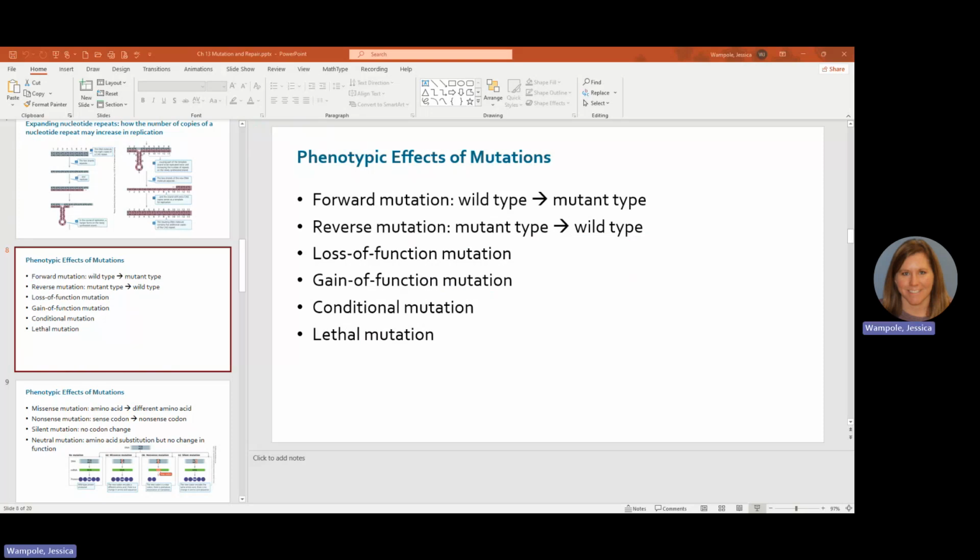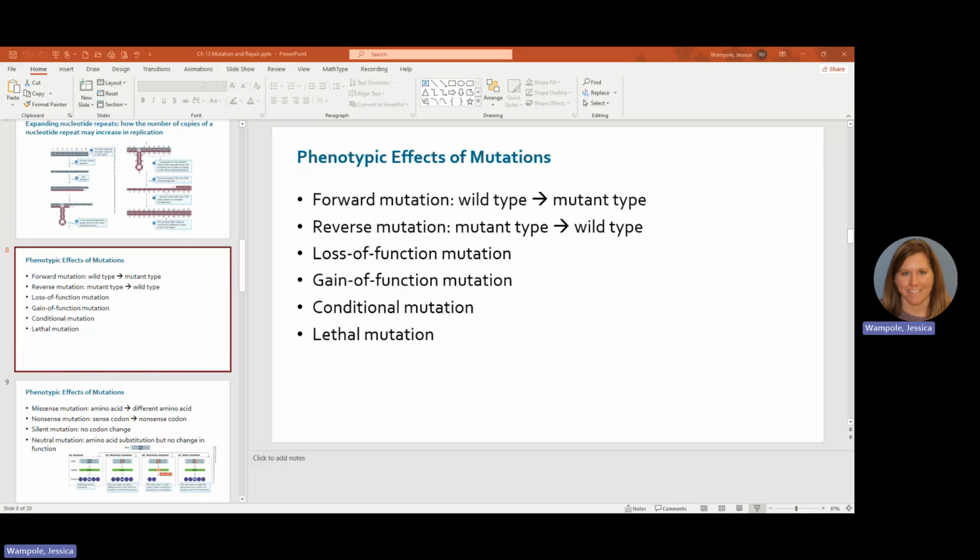You can also have a nonsense mutation. This is where we change from an actual amino acid coded by our codon into a nonsense or a stop codon. We have 3 different stop codons.